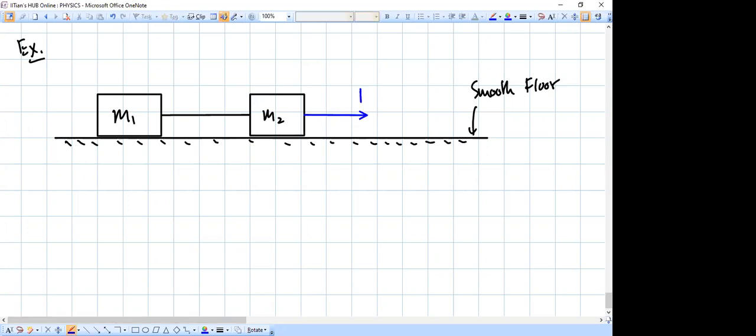A continuous horizontal force is applied on this system.